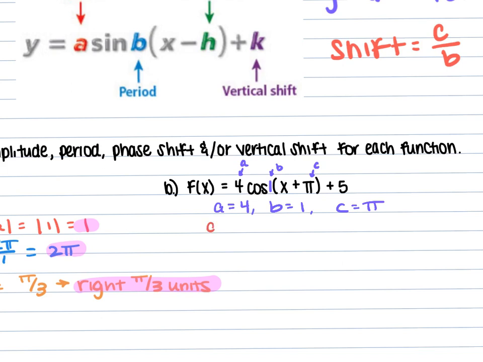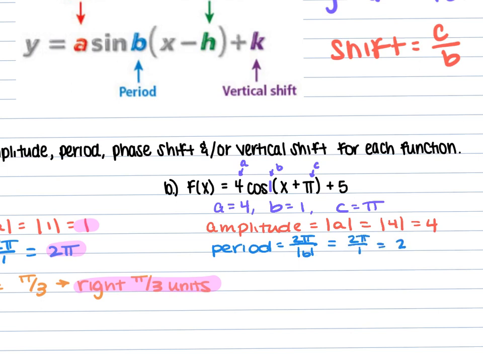So for our amplitude, it's the absolute value of A, which is the absolute value of 4, which is just 4. Our period is 2 pi over the absolute value of B, which is 1, so 2 pi over 1, which is just 2 pi.